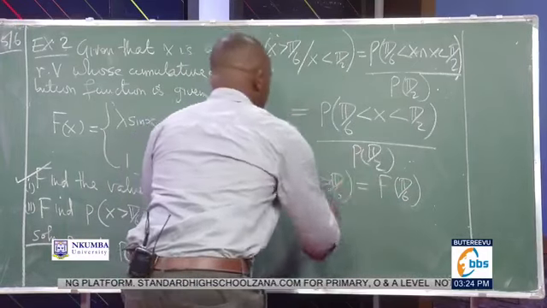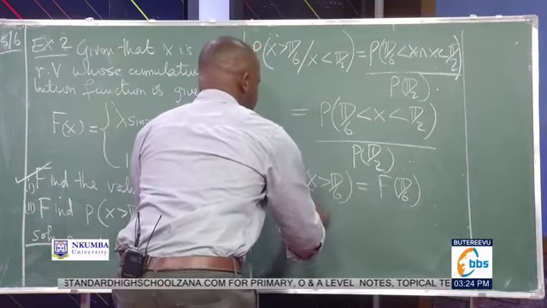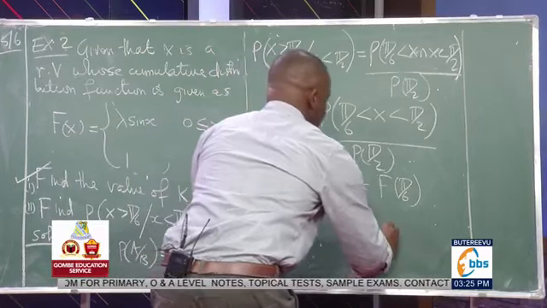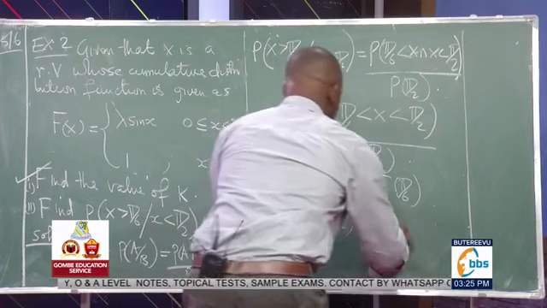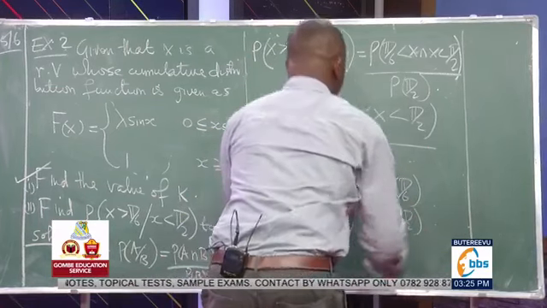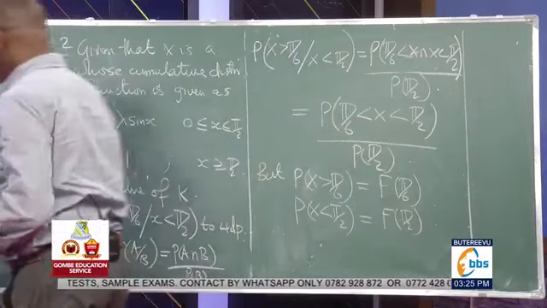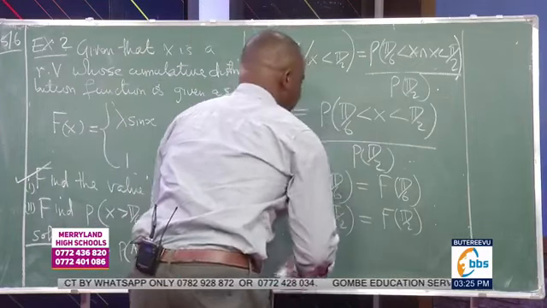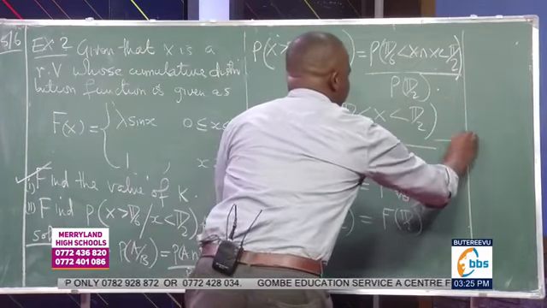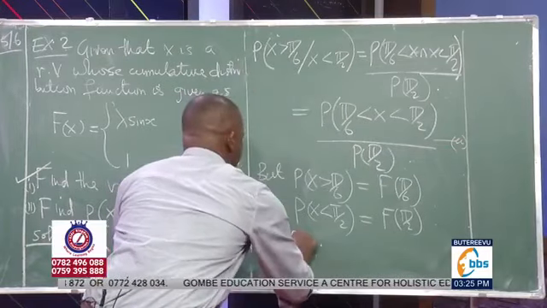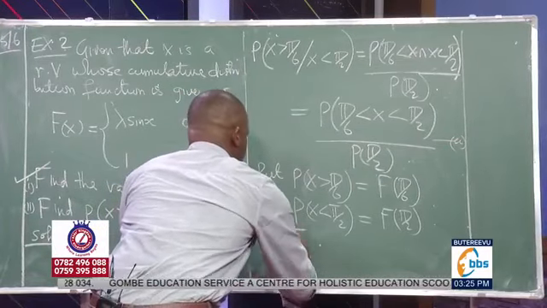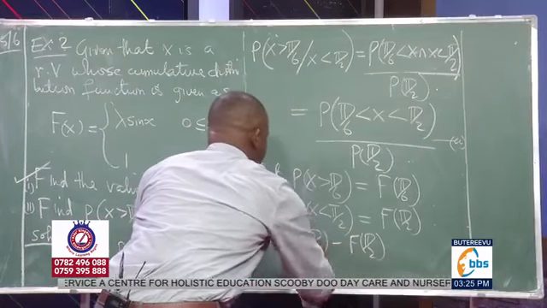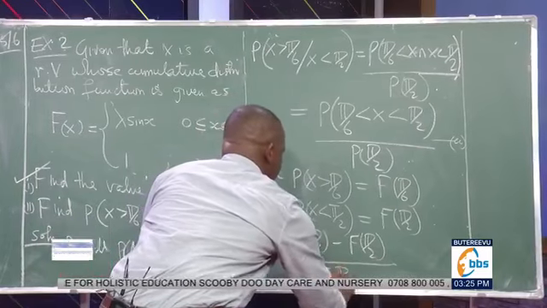And P of x less than pi by 2 is also the same as f of pi by 2. So if I take it straight away, it means that I will get the cumulative function f of pi by 2 minus f of pi by 6 over f of pi by 2.